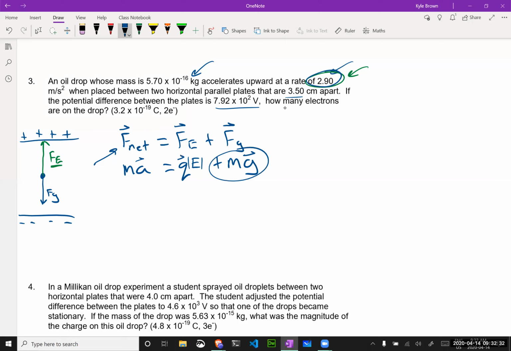So I'm going to have mass times acceleration minus mass times gravity is equal to Q times E. Okay, and then just divide everything by E there. So we end up with mass times acceleration minus mass times gravity over E.